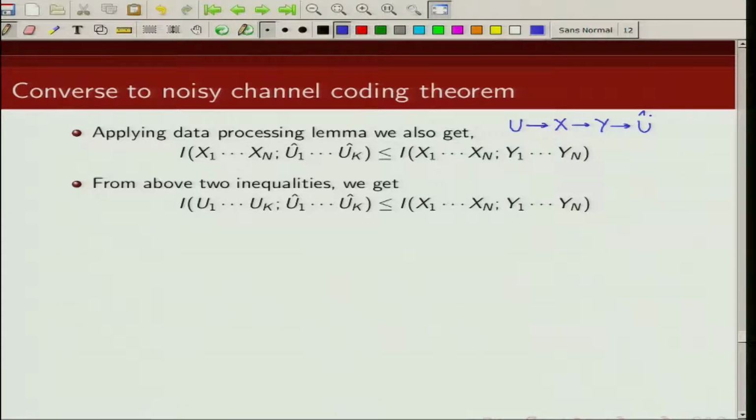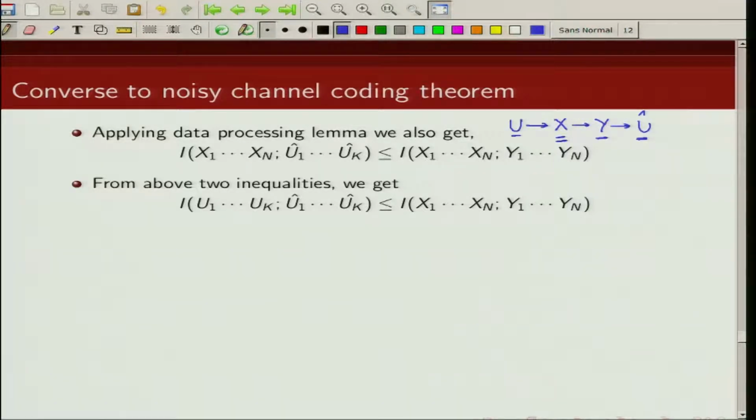So we have shown that mutual information between ui's and ui hat is less than mutual information between xi and ui hat. Now we can see that mutual information between xi and ui hat is less than mutual information between xi and yi. Again, this follows from the data processing lemma.